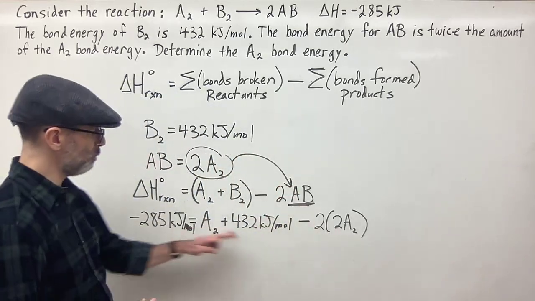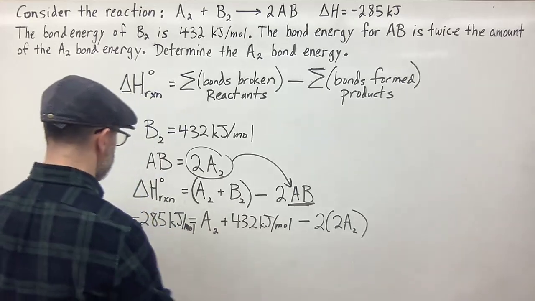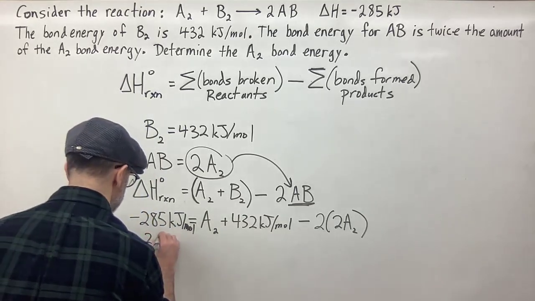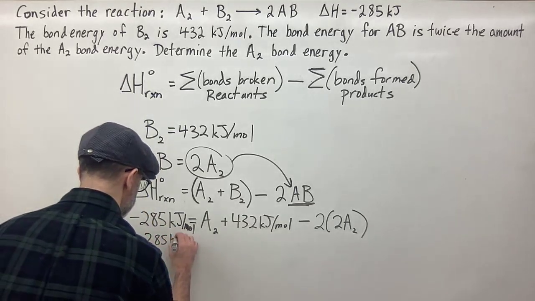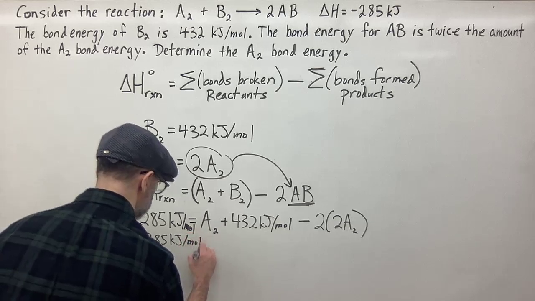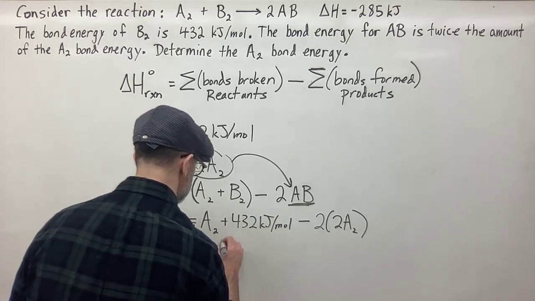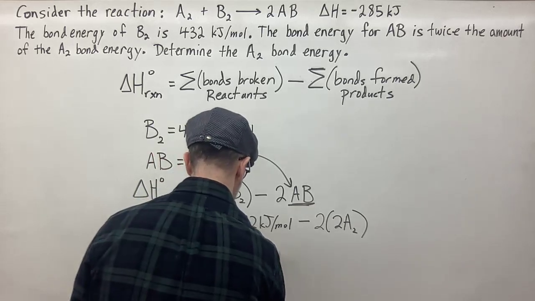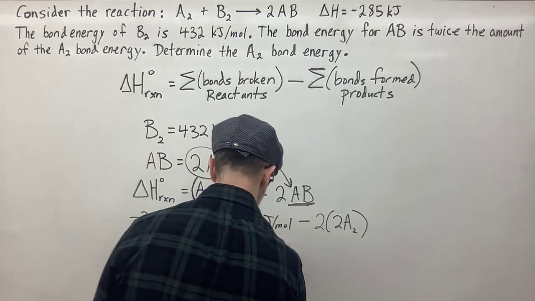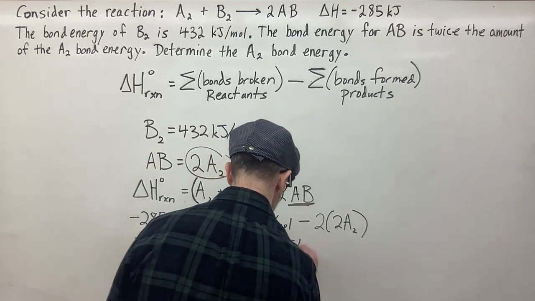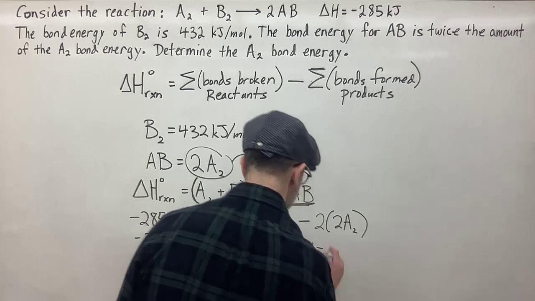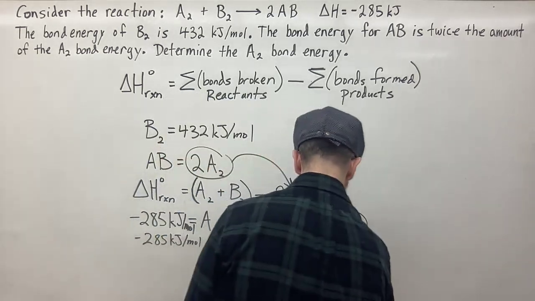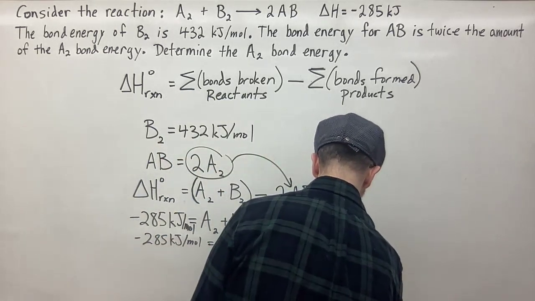So now I can simplify it. So this is going to be minus 285 kilojoules per mole equal to A2 plus 432 kilojoules per mole minus 2 times 2 is 4, so 4A2.